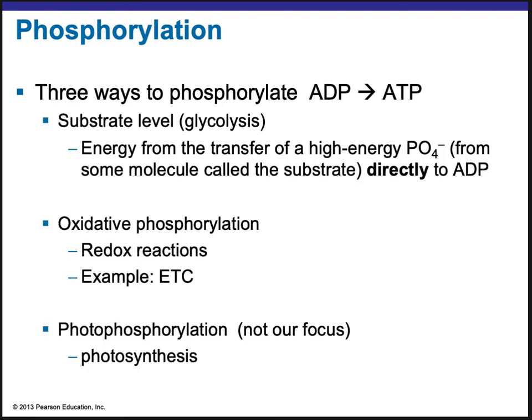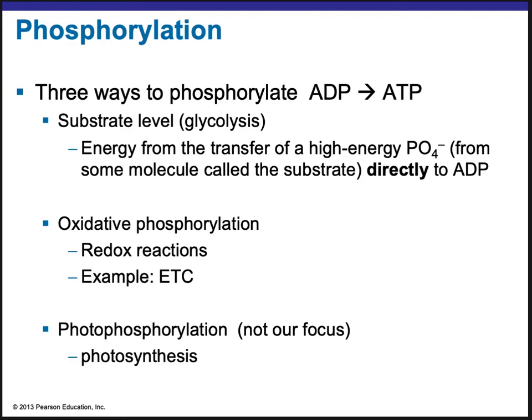You'll have to have a final electron acceptor to end those redox reactions. And you harness energy from each of those redox reactions to do this work. So we see this in the electron transport chain. And so we'll look at that in a little while.